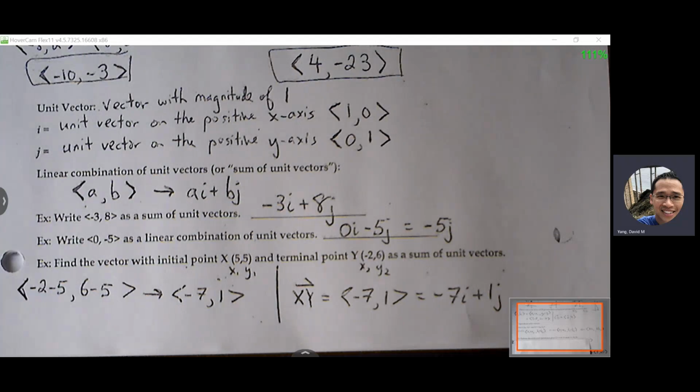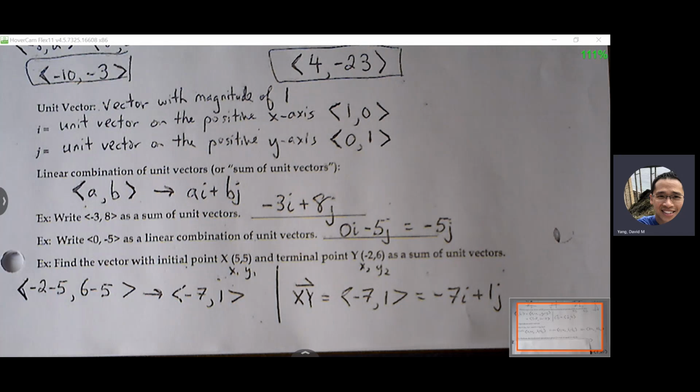Okay, so if I want to do a linear combination of unit vectors, we just take our vector and then we just do ai plus bj. So basically, it allows us to get that component form as the sum of 2 vectors. So for instance, if I want to get this component form in this unit vector form, then I say negative 3i plus 8j.